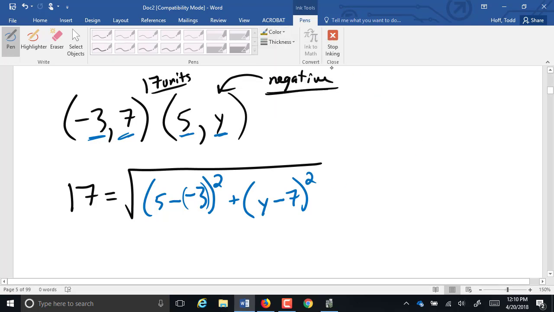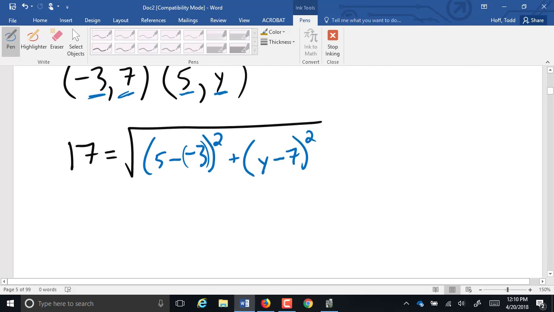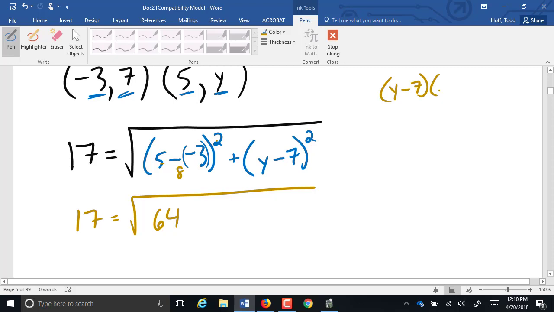So now, inside of parentheses, 5 plus a negative 3 is 8. 8 squared is 64. Over here, y minus 7 squared, you'd have to do out y minus 7 times y minus 7. It would be y squared minus 14y plus 49. And you would have to solve from there.